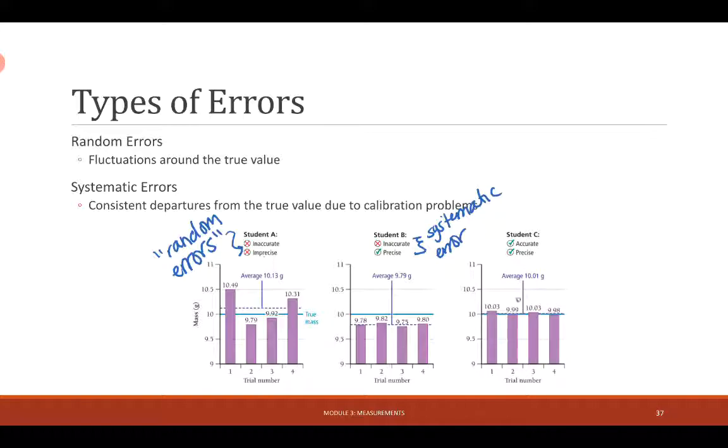Student C, their balance here was recording all of the masses very close together, and it's very reproducible data. And so these have little to no errors, and it doesn't fall under random error or systematic error.